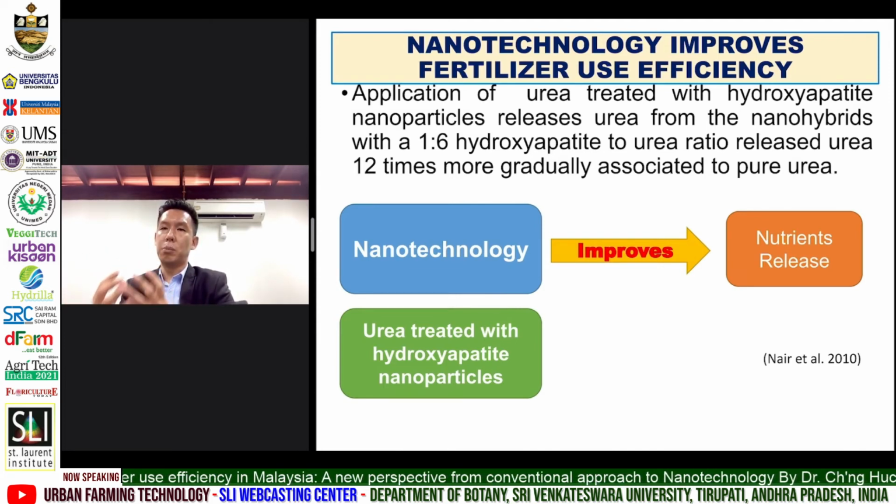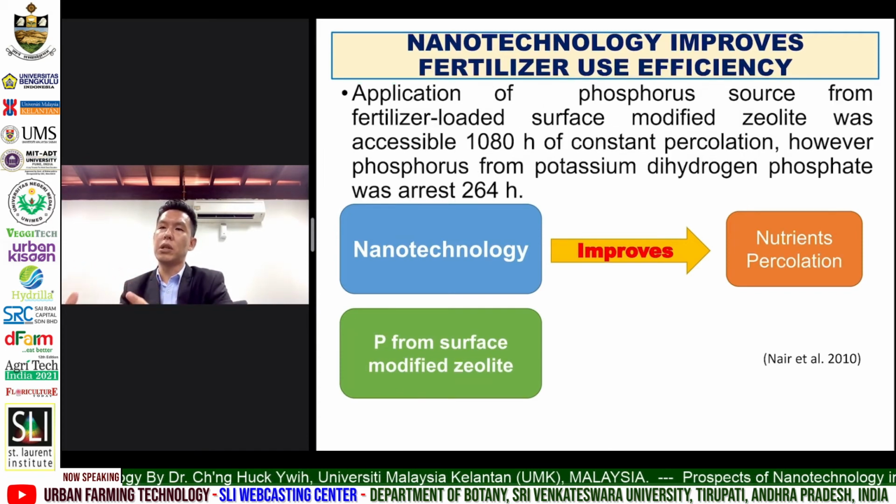Because pure urea without any coating with nanoparticles tends to release the nutrients very fast, and because they release the nutrients very fast, most of the nutrients will be lost by the volatilization process. On the other hand, the P fertilizer loaded on surface-modified zeolite also has a longer accessible period and constant percolation.